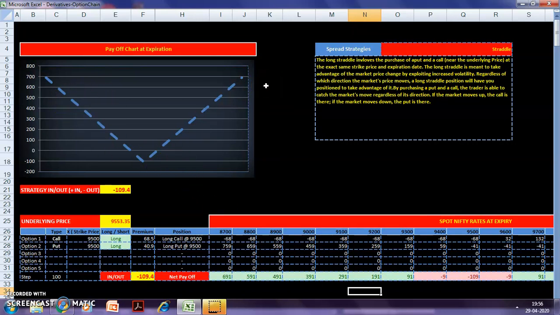So the payoff is symmetric around the strike price, and you take this trade when you expect the volatility to increase in the market but you don't know the direction of the market. It can go down, it can go up. So in that case you buy both a call and a put, and here we are getting the outflow at the inception of the trade.